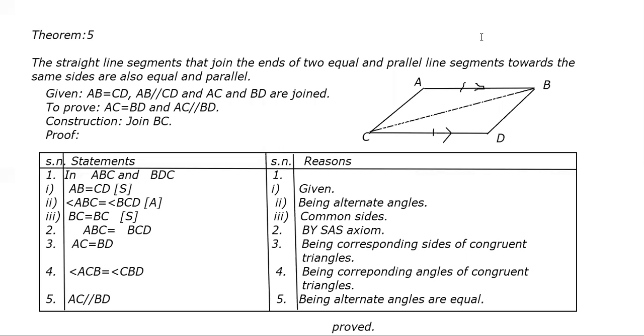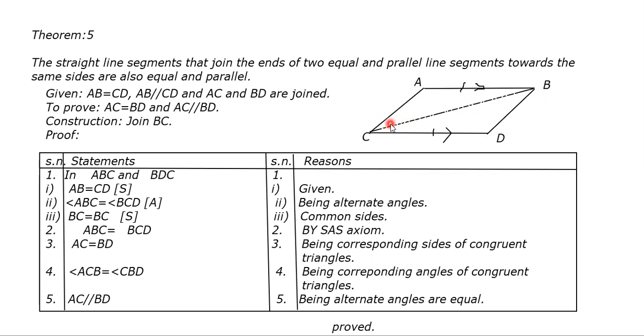Okay, you can see here triangle ABC and BCD, where AB and CD are given equal and parallel. So angle B and angle C are equal. So BC and BC, so side angle side axiom, they are congruent. After proving congruent, AC and BD directly we can write equal.